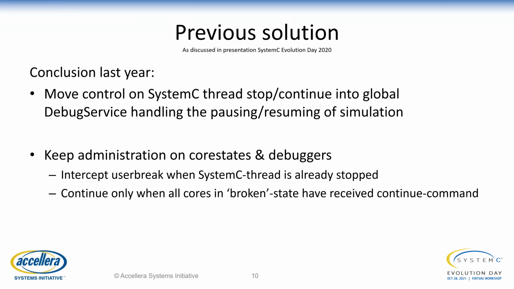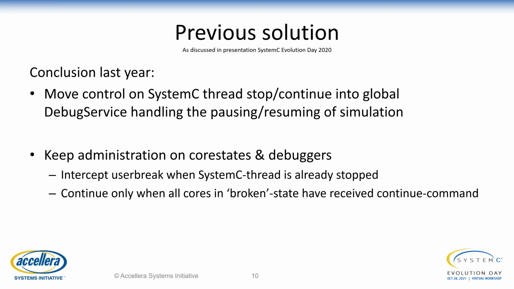And I needed to keep an administration on core states and debuggers. So basically I had to know which cores had debuggers attached and which debuggers assumed that the core was in a broken state. So I had to keep count on that.